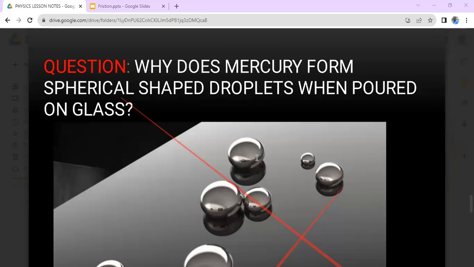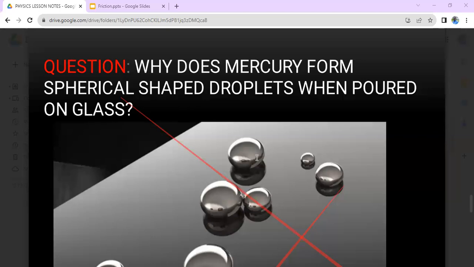In the chat, Senoga Austin says because the adhesion force between mercury and the glass is greater than the cohesion force between the mercury molecules. Then Feta says due to surface tension.